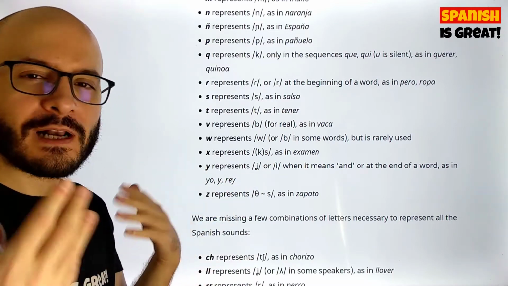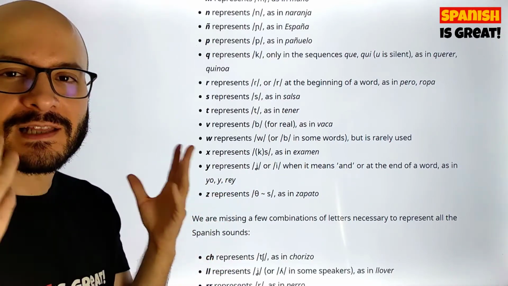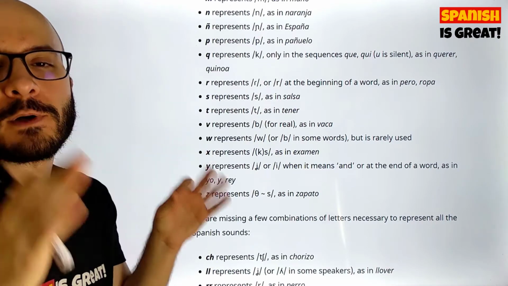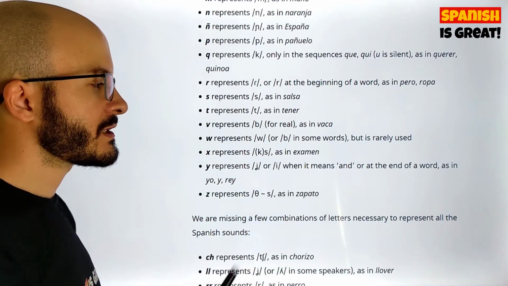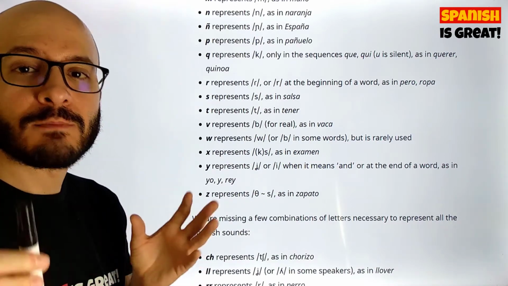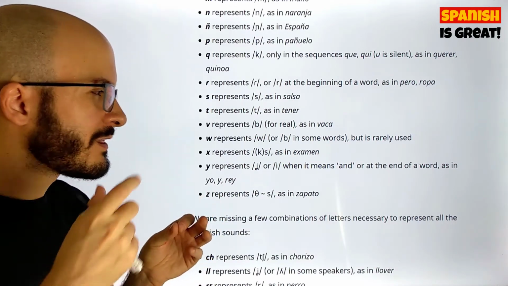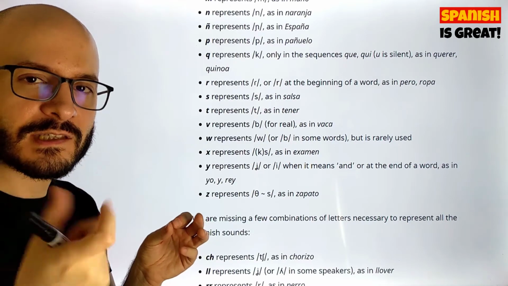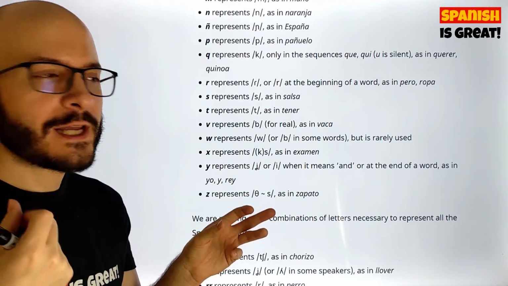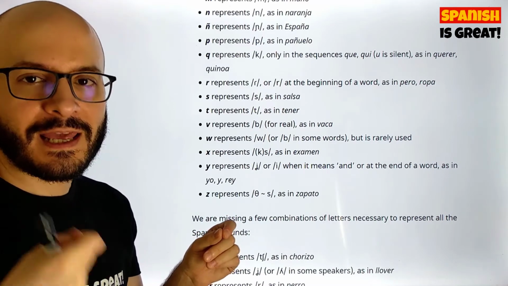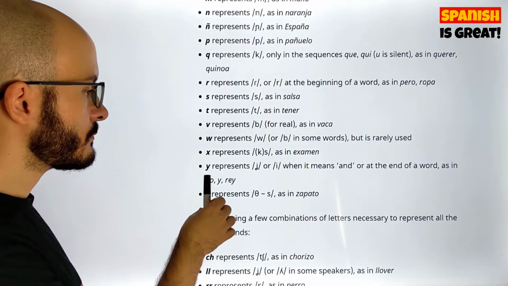Like in normal conversation, just S. Unless you want to be super correct, then you pronounce KS. So, for example, we say examen. Many people just say examen, maybe with this S a bit heavier. But if you want to be super correct, then you can say examen, okay?